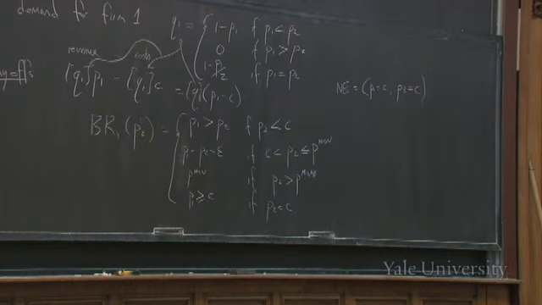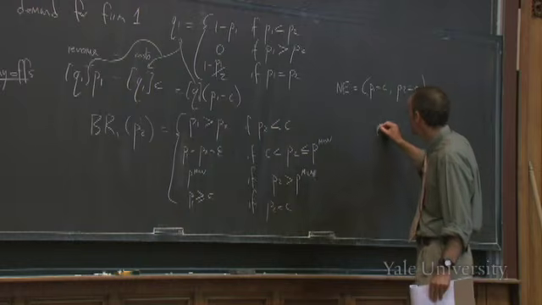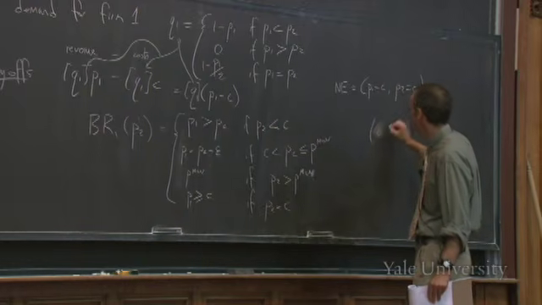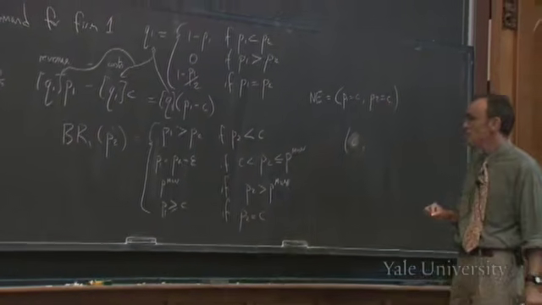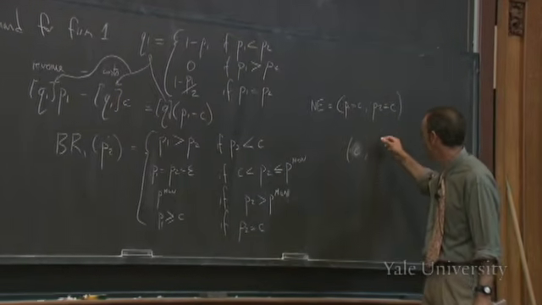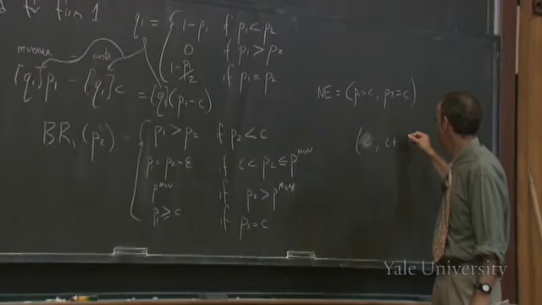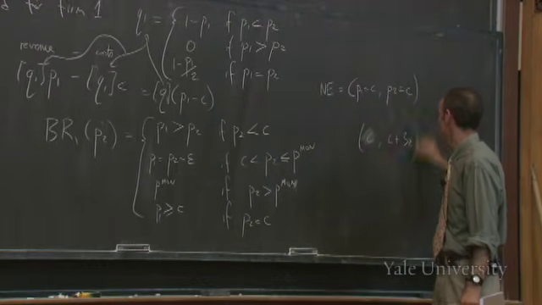Slightly harder exercise is to check that nothing else is in Nash equilibrium. Well, let's think about that for a second. Suppose firm 1 is pricing at marginal cost, and firm 2 is pricing at something higher, at C plus, I don't know, 3 epsilon, a little bit higher.